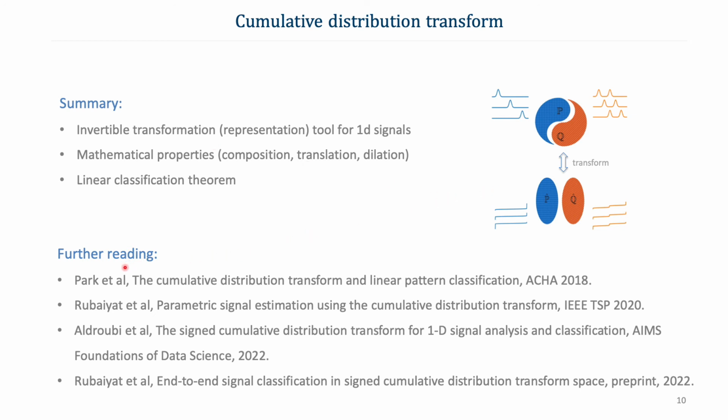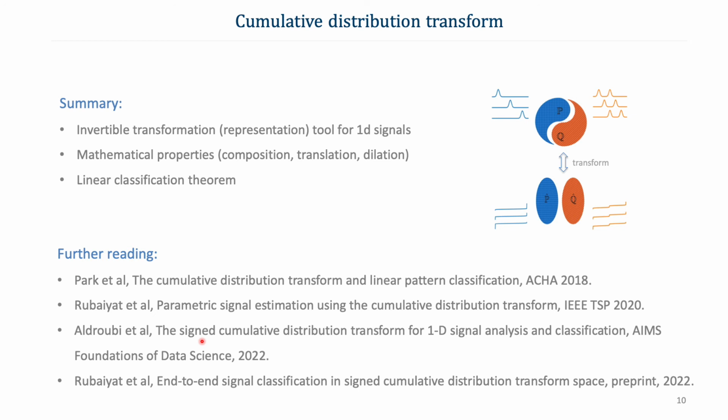For further reading, I recommend the original paper, which defines this cumulative distribution transform, as well as certain extensions and applications of this transform for parametric signal estimation problems. In this third paper here, we extended the definition of this transform to signals that are arbitrary, meaning they can be signed signals of arbitrary magnitude, right?